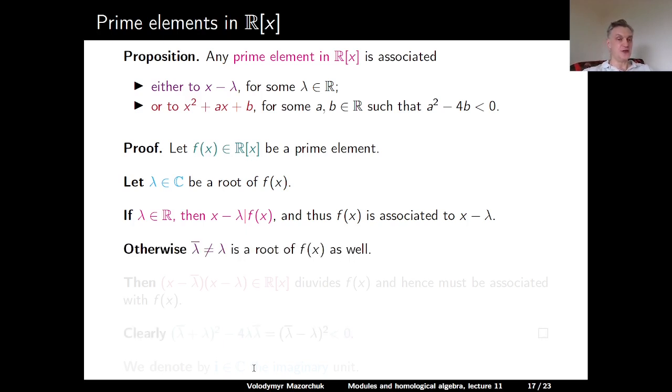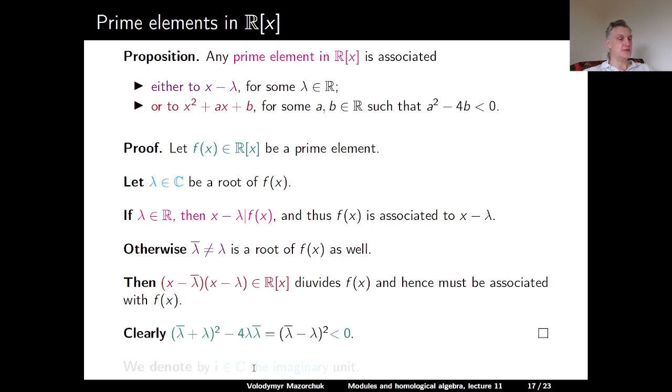If lambda is not a real root, then the complex conjugate of lambda is a root, because f has real coefficients. Then the product of x minus lambda and x minus lambda conjugate is a polynomial with real coefficients, and it divides f(x), and hence it must be associated with f(x).